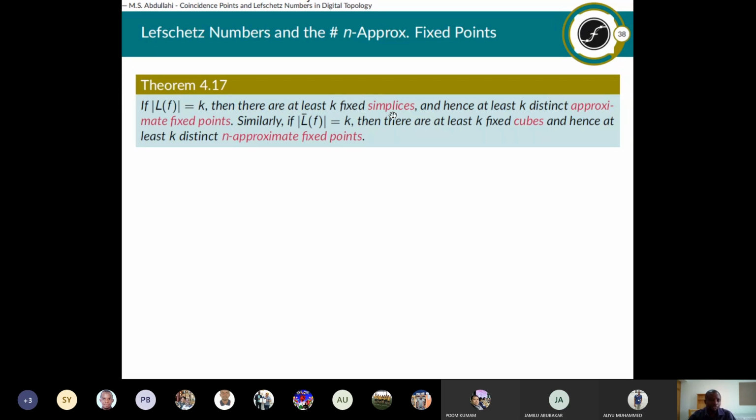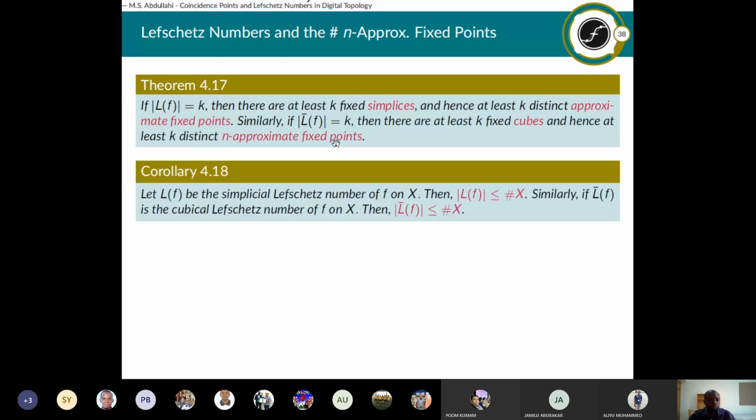And if we have k simplices, then we have at least k distinct approximate fixed points. Similarly, if the absolute value of the cubical Lefschetz number is equal to k, then there are at least k fixed cubes. And if we have k fixed cubes, then we will have at least k distinct n approximate fixed points.